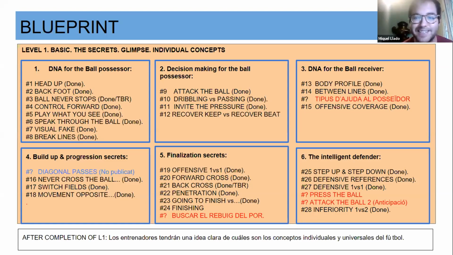If you want to add decision-making processes to the player on the ball, explain to him what it means to attack the ball, when he should dribble or when he should pass, what happens if he invites the opposing defenders towards the position he's holding, and how this changes the environment, and further scenarios open up for them.